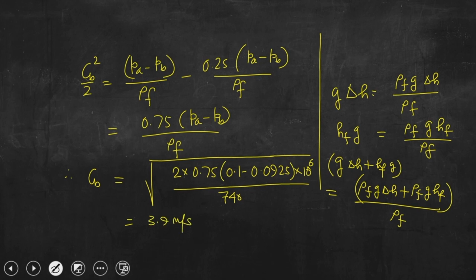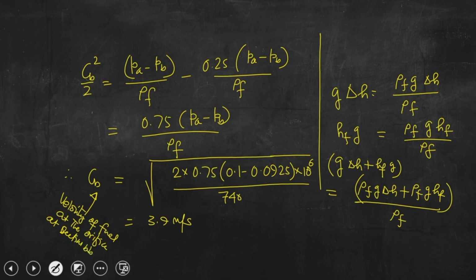So, now this Cv is the velocity of fuel, right. So, velocity of fuel at the orifice at section BB.